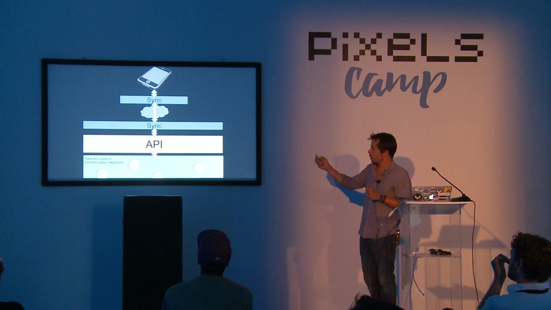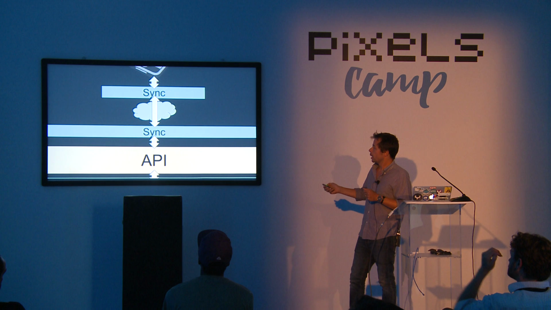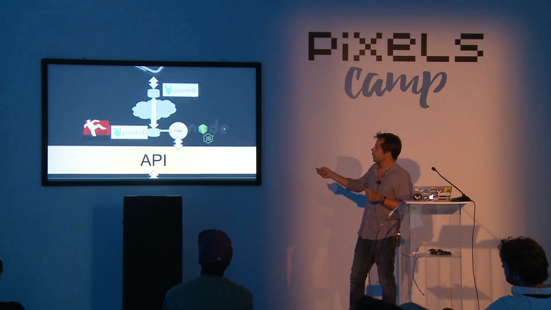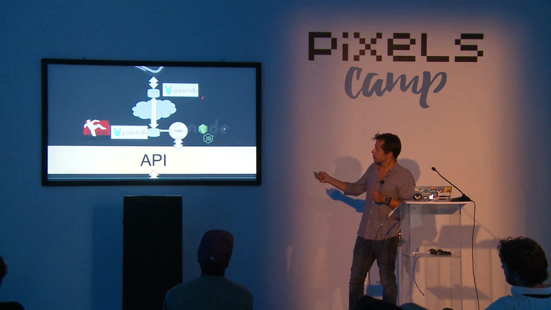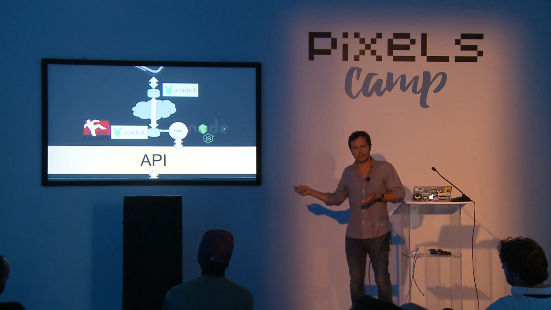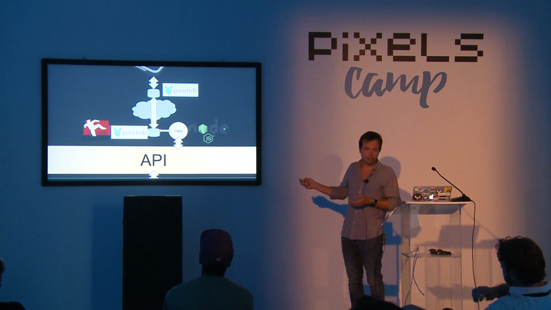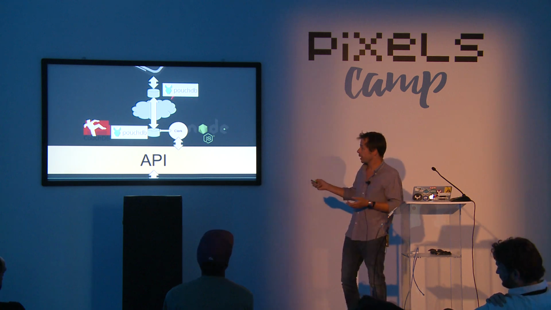Basically, this sync layer is going to be replaced by PouchDB on the client. So PouchDB is like the JavaScript cousin of CouchDB. So it runs on the browser, runs on Node.js on the server, on the backend.